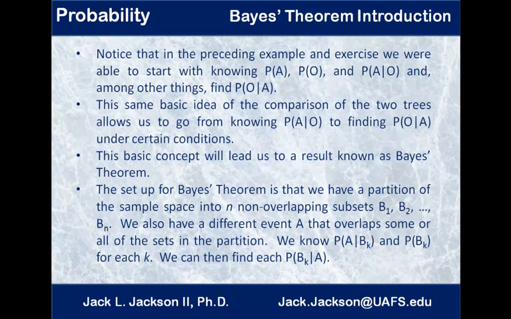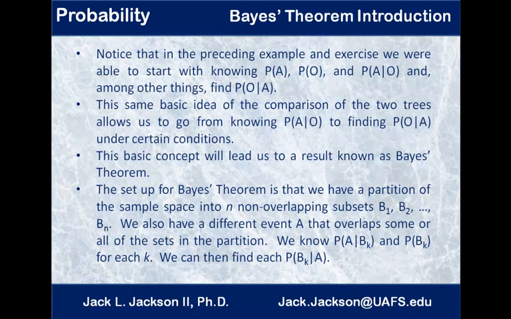If you take the intersection of any B and another B, it's empty if they're two different B's. B1 and B2, for example, don't intersect. B2 and B3 don't intersect. B1 and B3 don't intersect, and so forth. And if you union them all together, it makes up the whole sample space.